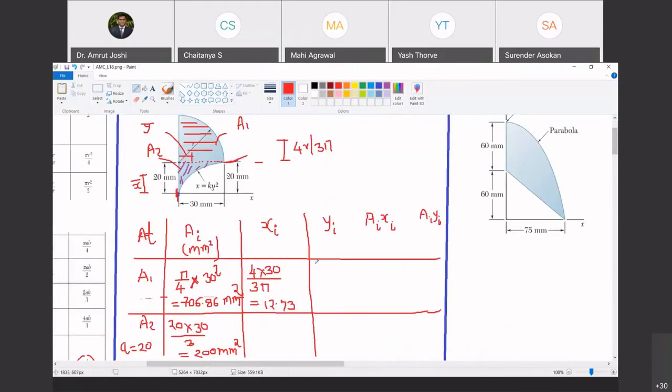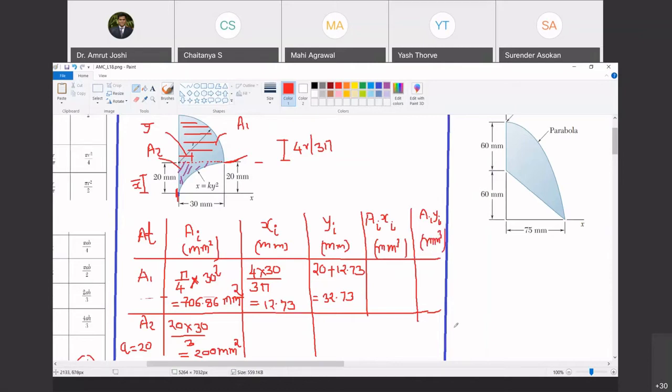So it is going to be 20 plus 12.73. What is 12.73? 12.73 is 4r by 3 pi. So that is 32.73. Are you with me? Yes, sir. These are the values in mm. This is also a value in mm. This will be in mm cube. This value also will be in mm cube. Are you with me? Yes, sir.